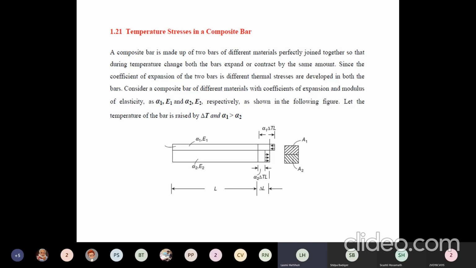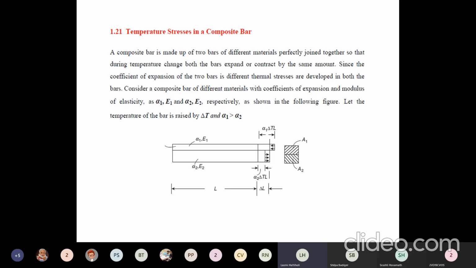What is alpha? Alpha is basically the coefficient of thermal expansion. Now in this case, alpha 1 is greater than alpha 2, which means that when I increase the temperature, because of the higher alpha 1, the deformation will be higher in bar 1 compared to bar 2.